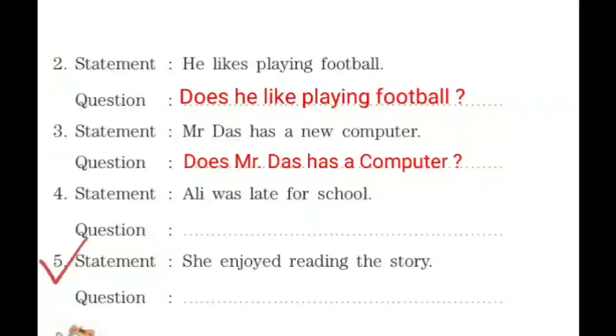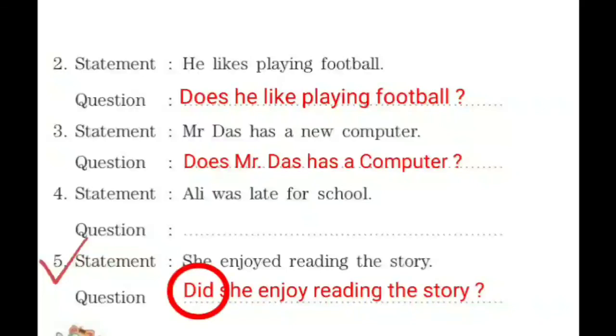Did she enjoy reading the story? Here we will write enjoy in place of enjoyed because the auxiliary did in the beginning already showed that the question is in the past tense.